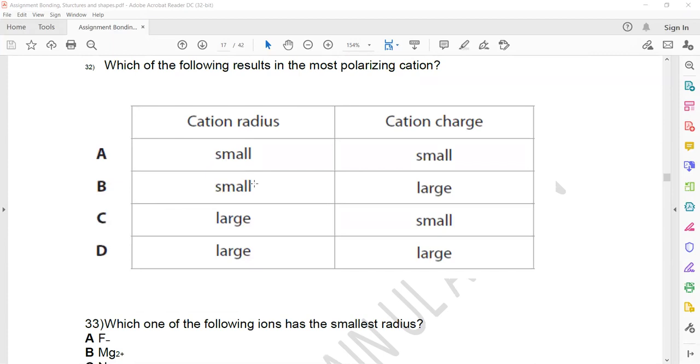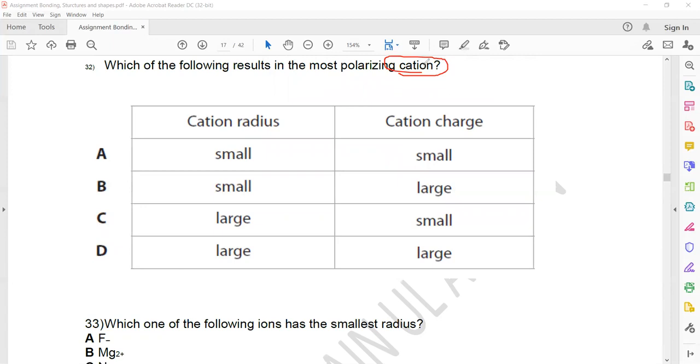Next is 32. Which of the following results in most polarization of the negative ion? So the size of the cation matters.